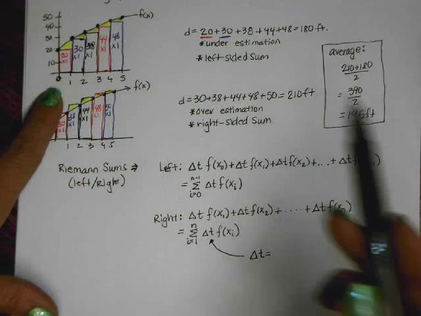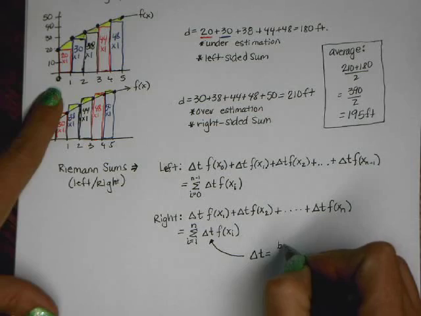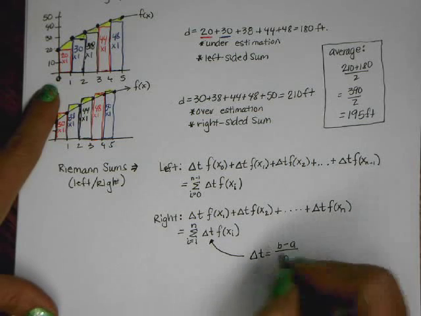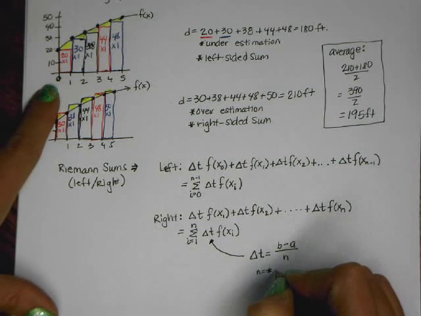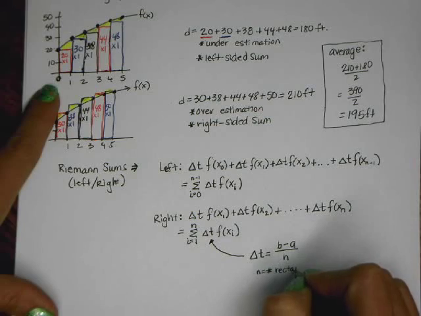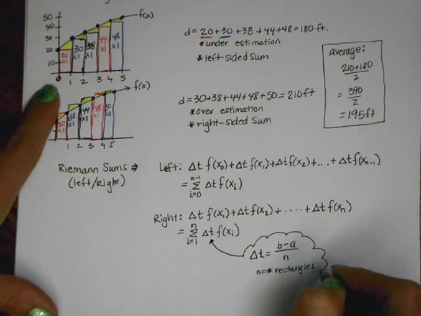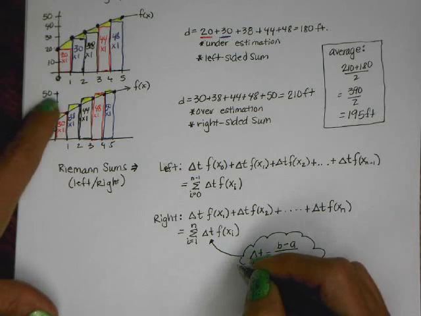Formula-wise, the last number that we always use is b, and the first number is a, and then n is going to be equal to the number of rectangles. Okay, so there you go. That might come in handy later.